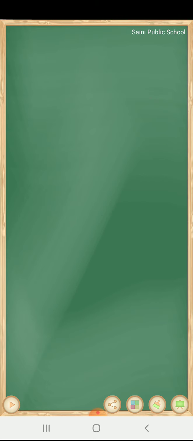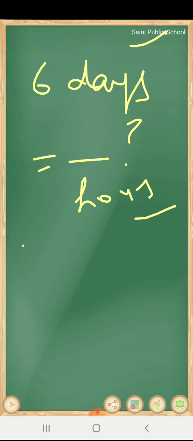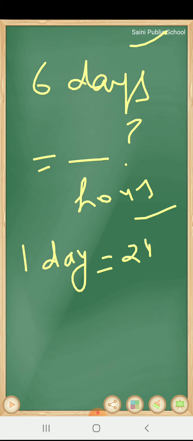Now let us discuss with the help of some examples. Suppose we want to convert 6 days into hours. First of all, write the relation between days and hours. One day is equal to 24 hours.